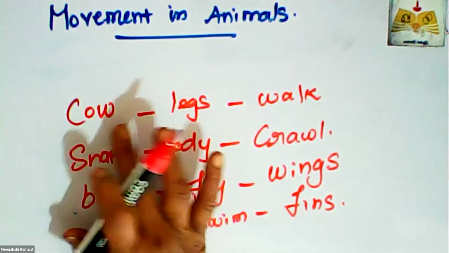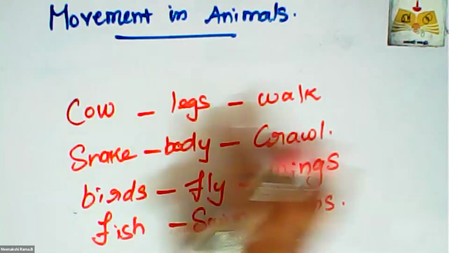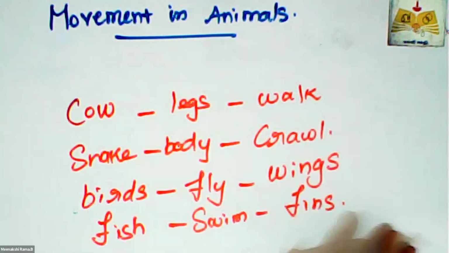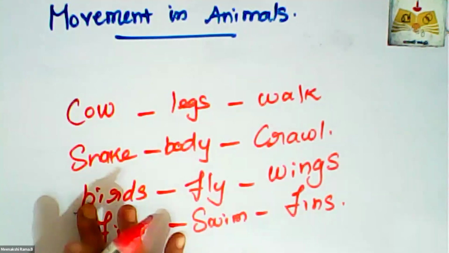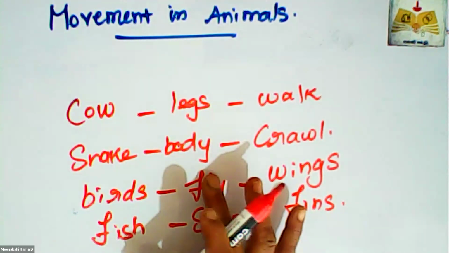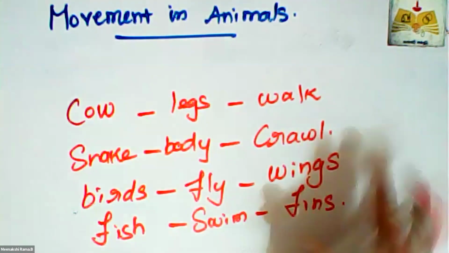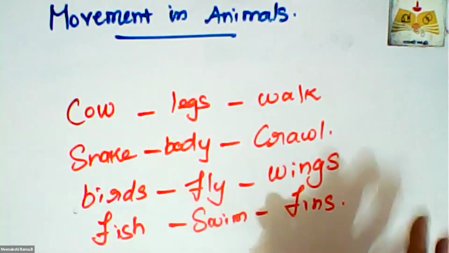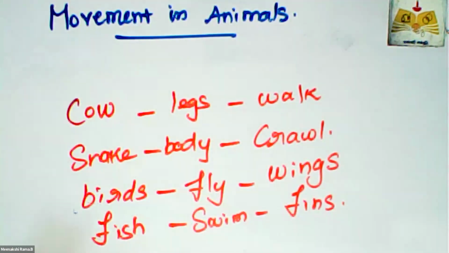Okay, cows move from one place to another with the help of their legs. That is called walking. Snakes move with the help of their body. That is called crawling. Birds fly with the help of their wings.